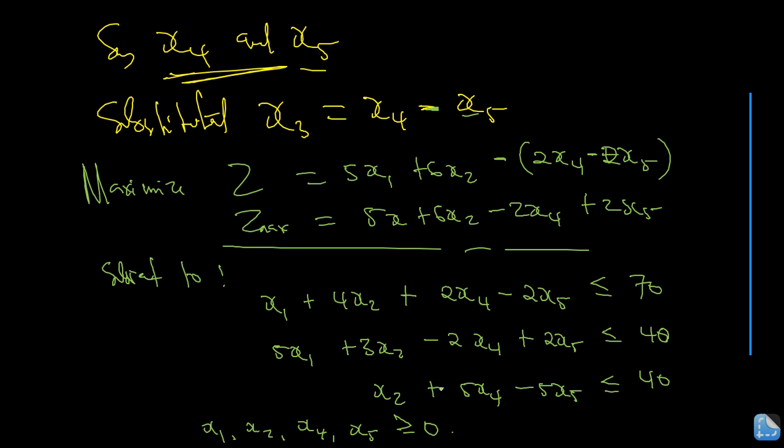We have removed the unrestricted sign, so our variables can take only non-negative values now. So this was an example in case you have been given a question and one of the variables in that question is unrestricted in sign. So that is the first thing that you must do.